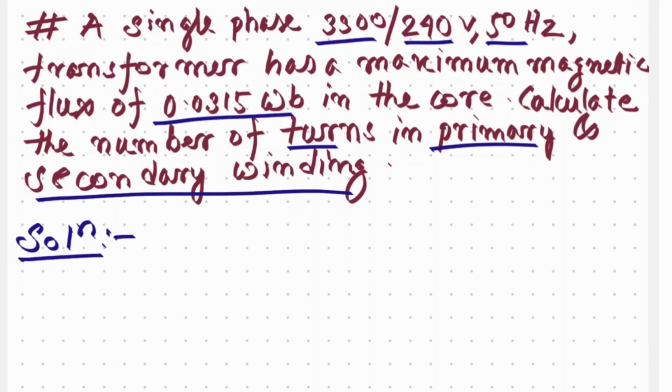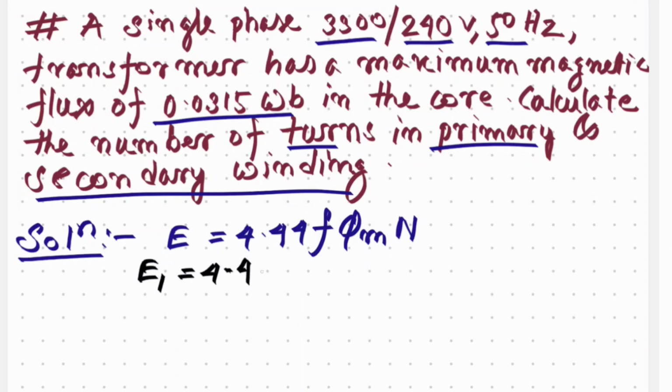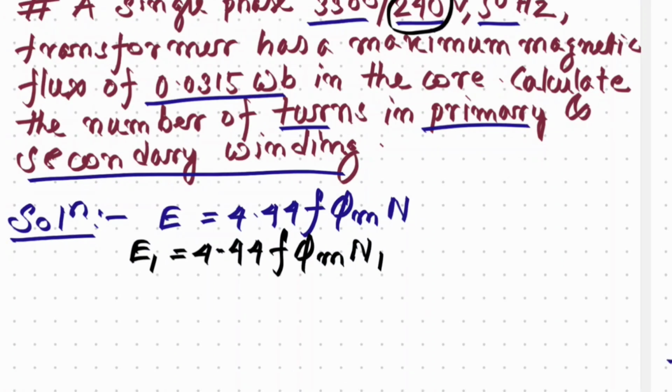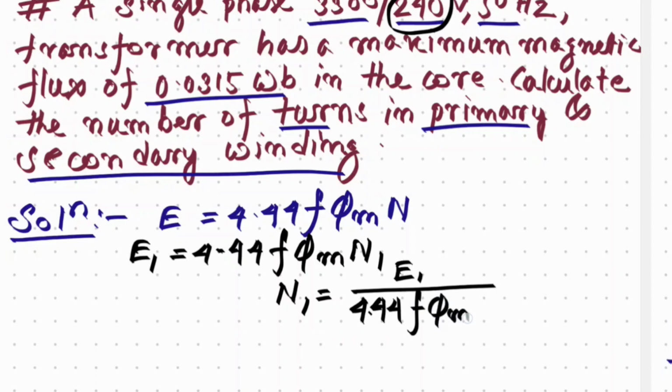So we know that the EMF equation of the transformer is E is equal to 4.44 F phi m N. Now the EMF equation for the primary winding is E1 is equal to 4.44 F phi m N1. So we can write N1 is equal to E1 by 4.44 F phi m.